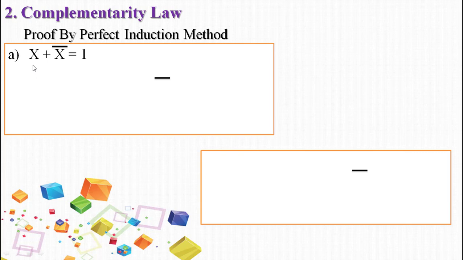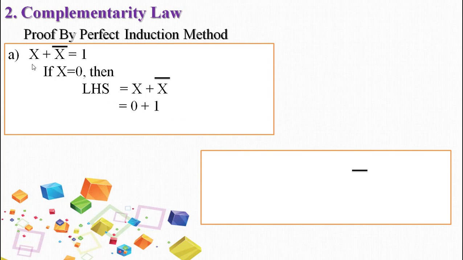Let us consider the perfect induction method with the complementarity law A. The statement is x plus x bar is equal to 1. Assuming the value of x is equal to 0, the left hand side expression will be x plus x bar.